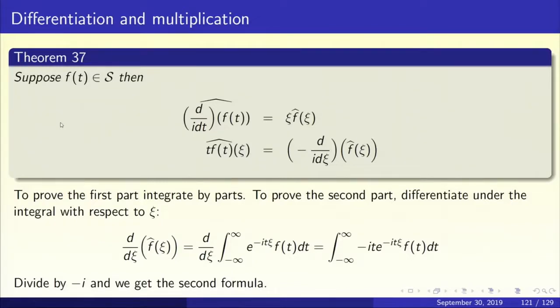So two minuses, that disappears, but you have minus 1 remaining because of the i squared term. So the Fourier transform of t squared f of t is minus the second derivative of the Fourier transform, and the Fourier transform of the second derivative of f is going to be chi squared times the Fourier transform of f.